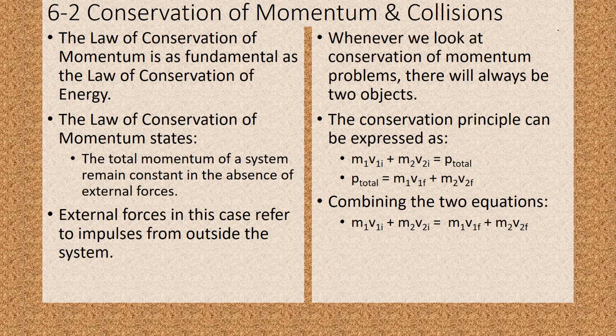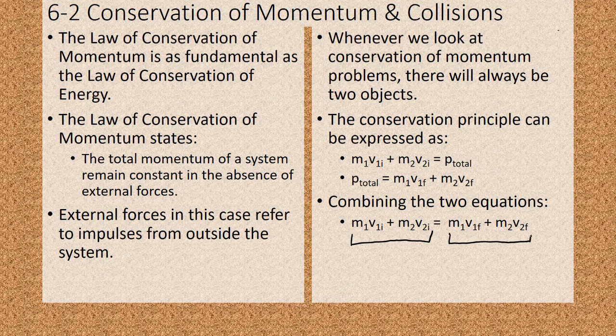Now, we're going to be looking at a much smaller scale, 2 objects or so at a time. So we are going to see it as the momentum of the system at the beginning is equal to the momentum of the system at the end. And this is going to be the equation that we use. So here is the initial side.